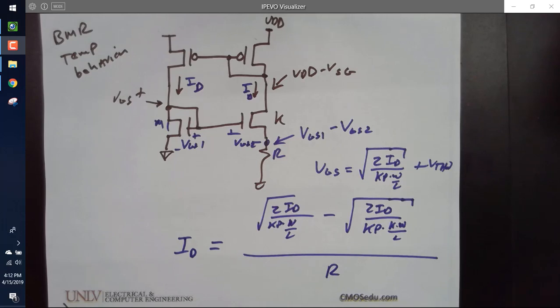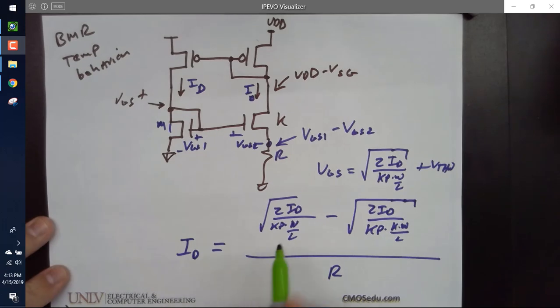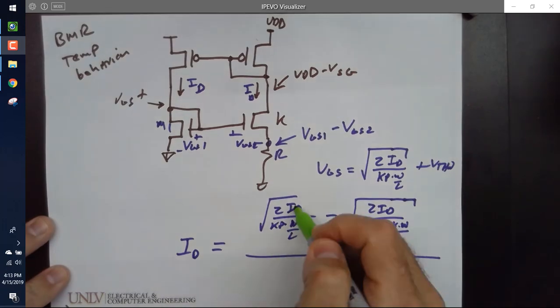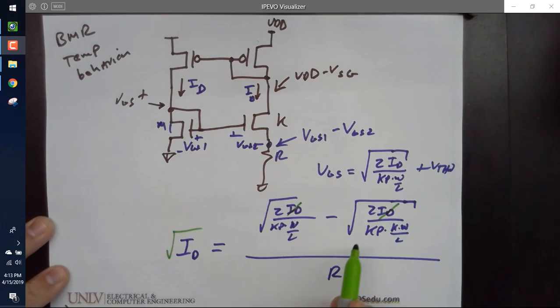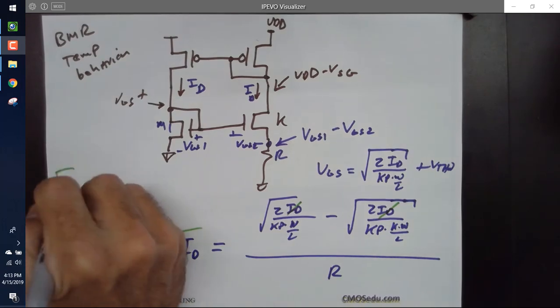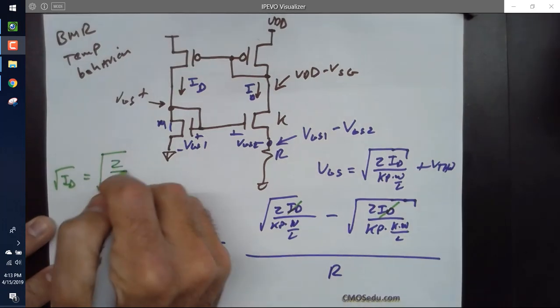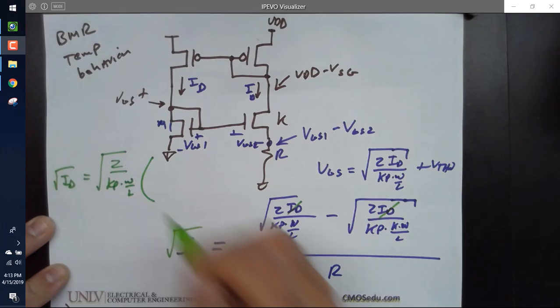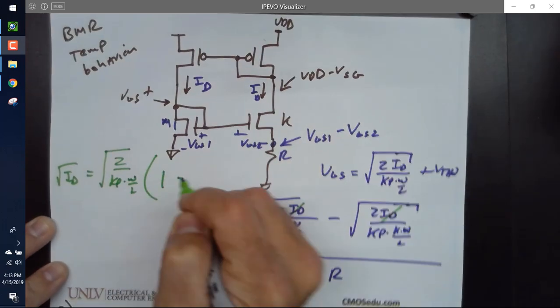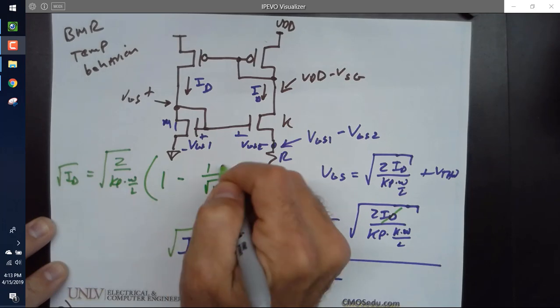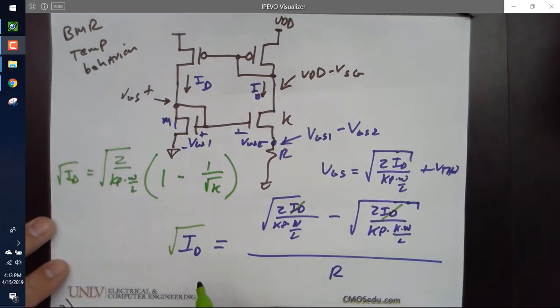Anybody agree with that? Yep. All right. And then let's not waste paper. I'm going to factor out the square root of ID, or divide both sides by the square root of ID. Over here I get square root of ID. So I get square root of ID is equal to the square root of 2 over Kp times W over L, times 1 minus 1 over square root of K, over R. Looking good?